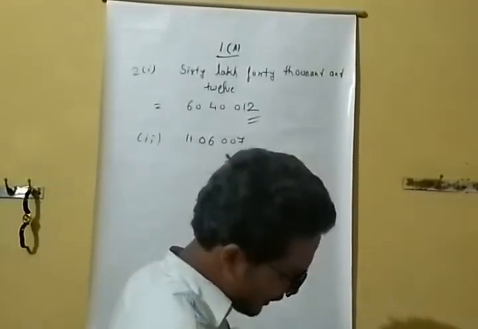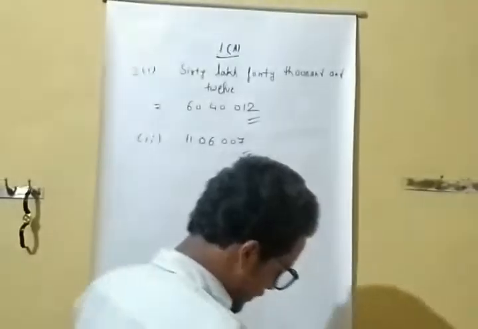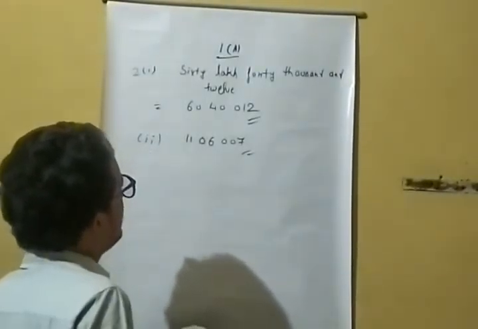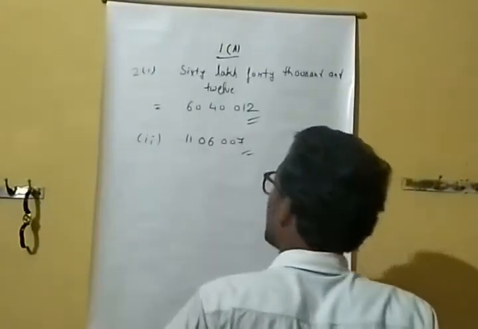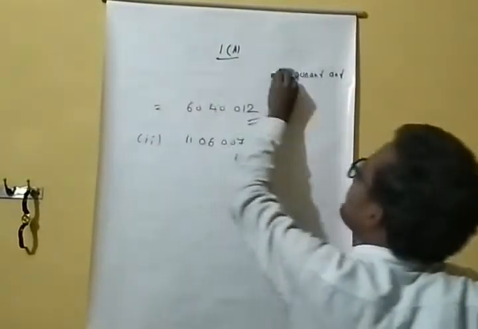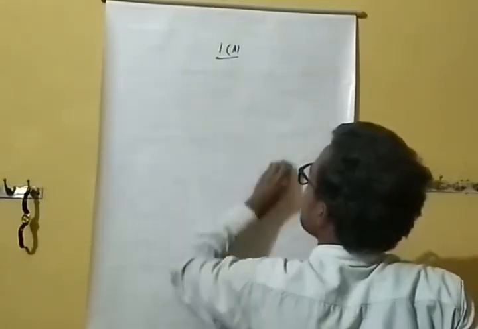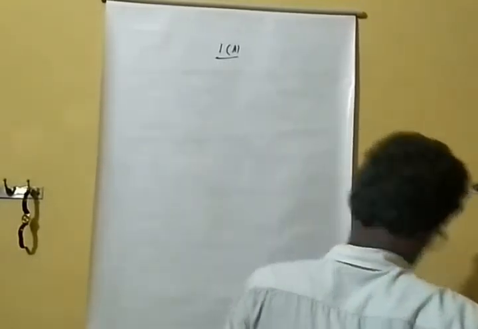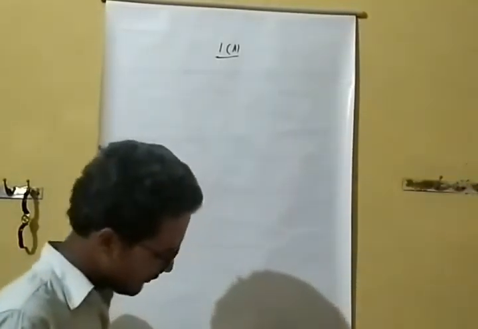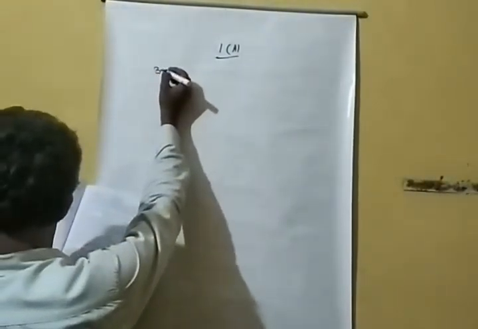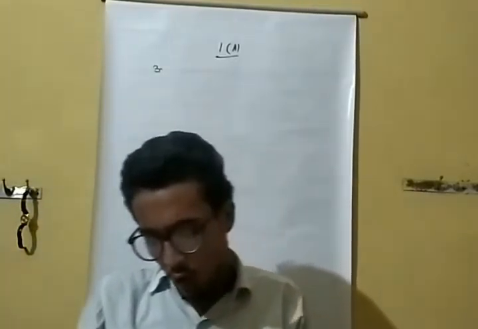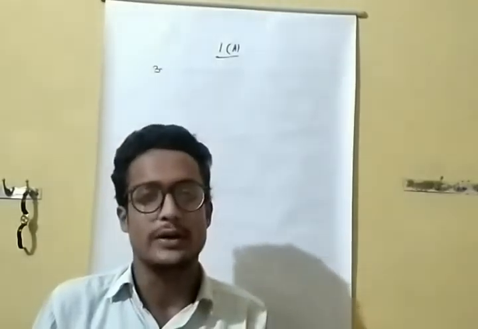Now we will come to the third question. Firstly we should erase the board. Now the third question is: write the face value and place value of the even digits in each of the following.